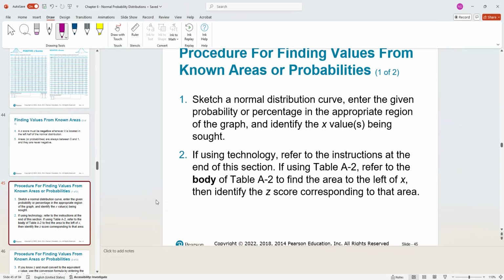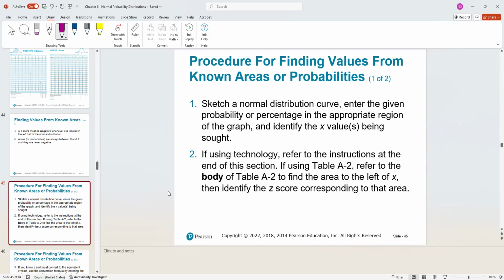Procedure for finding values from knowing areas: sketch the normal curve and enter the given probability or percentage in the appropriate region of the graph and identify the x values being sought. If using technology, refer to the instructions at the end of the section, right? So we usually use TI-84, TI-83, or Excel.